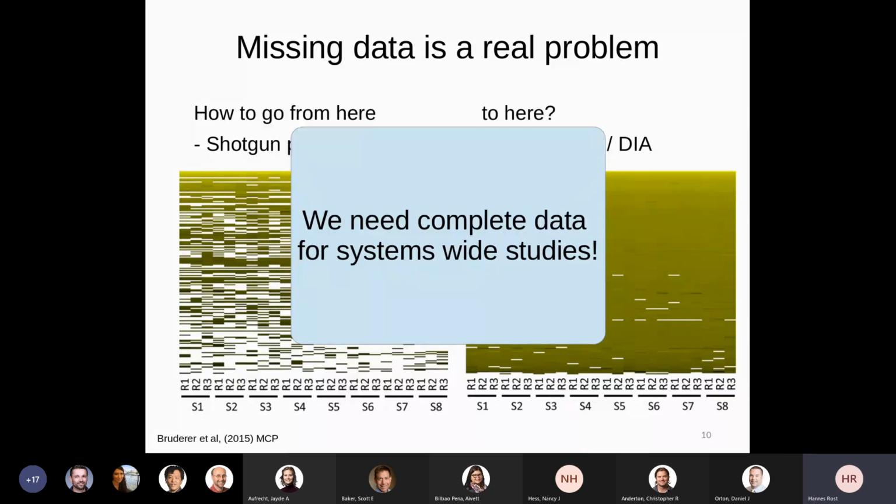So for me, as a computational and data science-oriented person, one of the questions was really what causes this discrepancy, and what is the difference between the way we acquire data in shotgun proteomics and in data-independent acquisition.